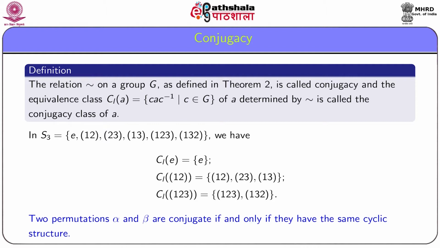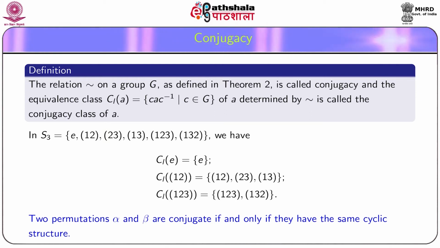So it follows that all 2 cycles (1 2), (2 3), (1 3) are conjugate to each other, and the 3 cycles (1 2 3) and (1 3 2) are conjugates.